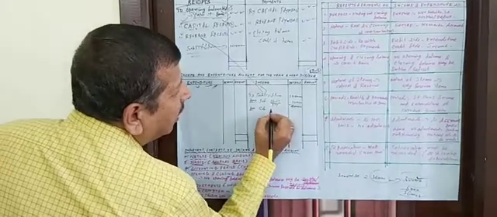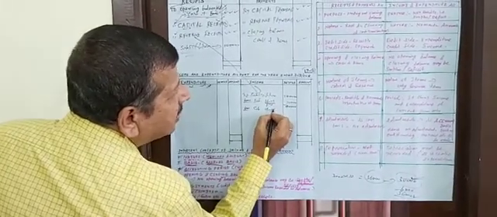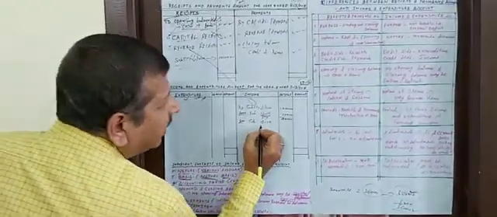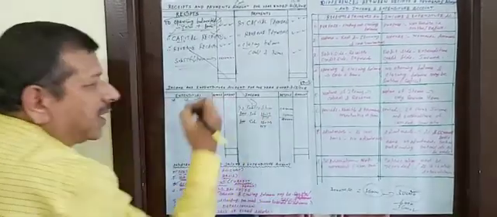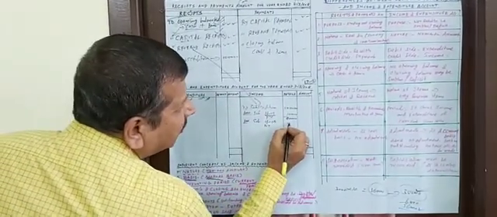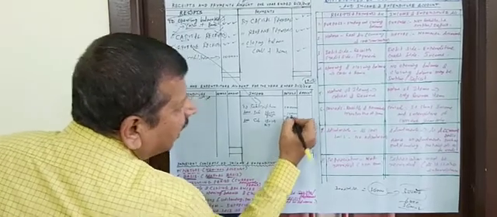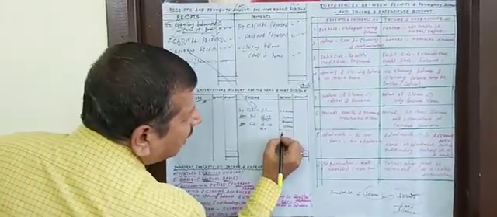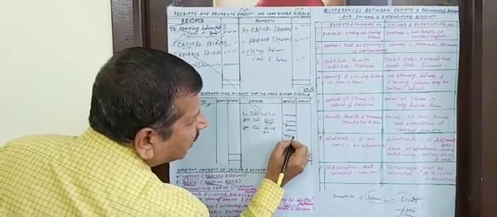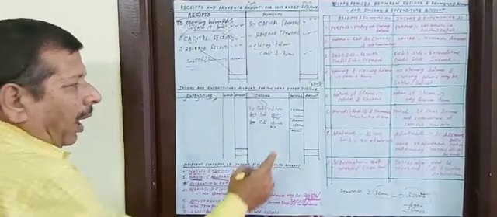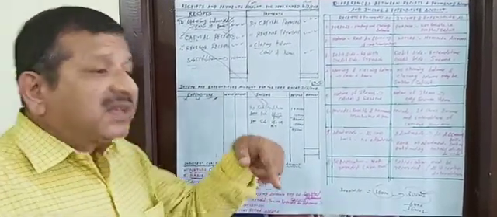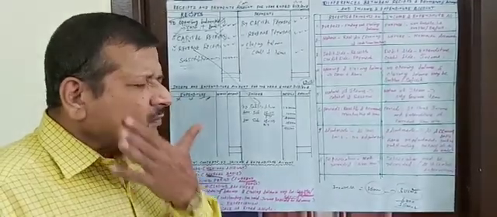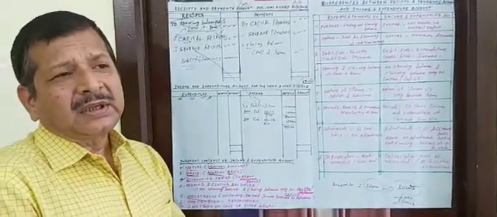Subscription for 18, 19 is for the next year. Maybe 15,000 you would have received. That has to be subtracted. So ultimately 75,000.